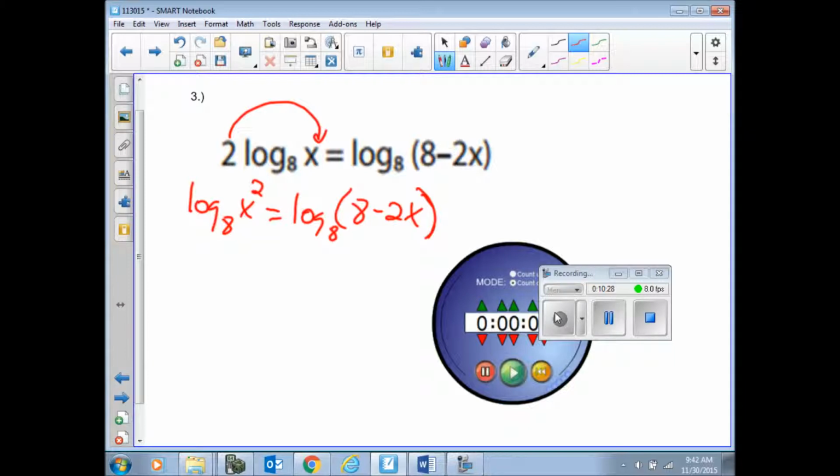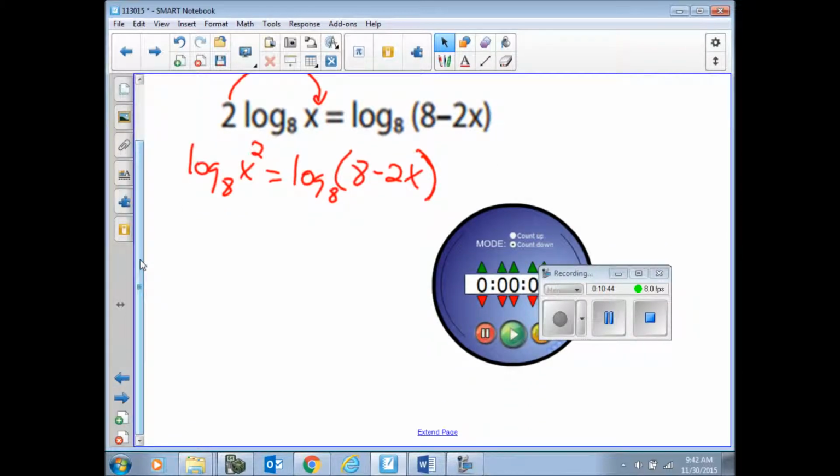Doesn't matter what the base is, as long as they're the same. And now we can say that the something equals the something. That's the only way these sides can equal each other, is if x squared is equal to 8 minus 2x. So we have now x squared equals 8 minus 2x.